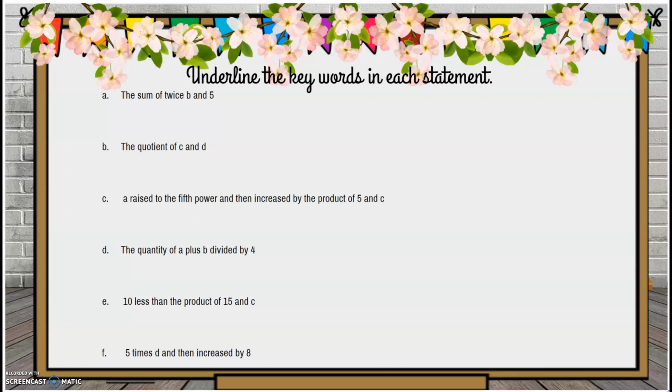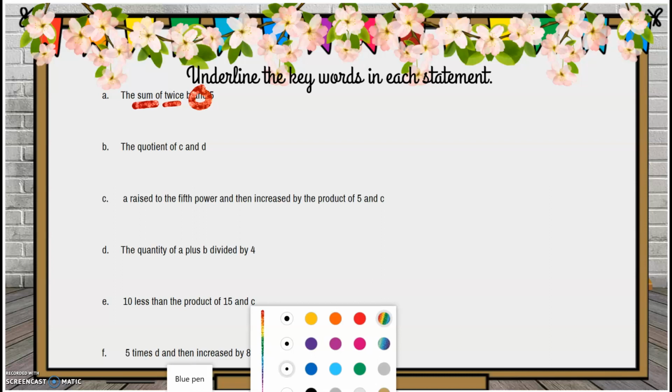Okay, so the first statement, letter A, says the sum, so that's already a key word, sum, of twice B and 5. So the sum of twice B and 5.